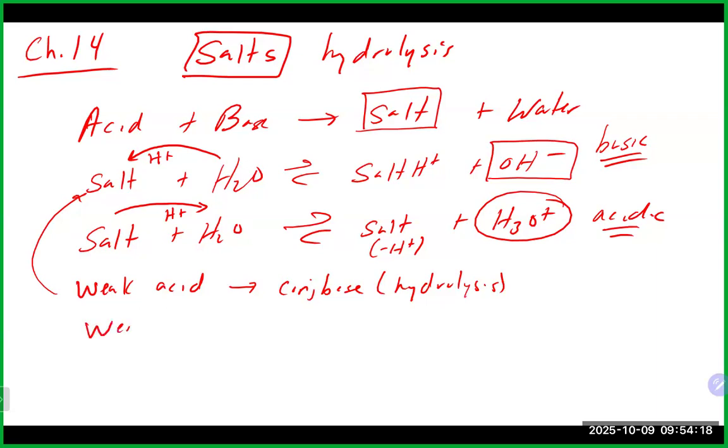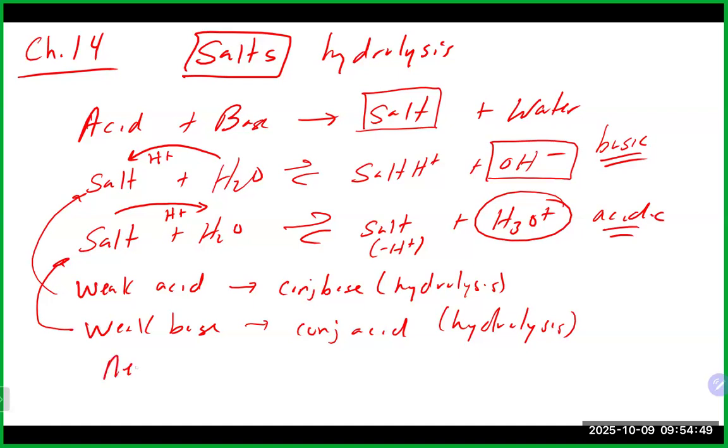If you have something that comes from a weak base, like that situation, it will then have a conjugate acid that will go through hydrolysis. So basically, anything that comes from a weak acid or weak base, the salt that's produced from that will have the ability to continue to react with water through this hydrolysis process. And the result of that is it's going to introduce into the solution more H plus or more OH minus, which is going to make it either acidic or basic.